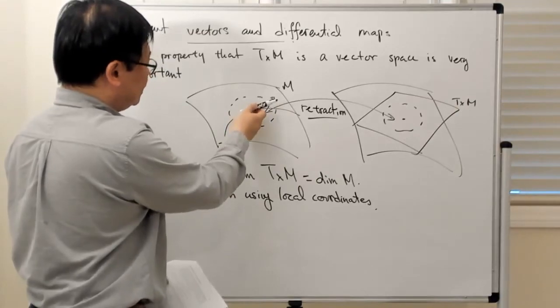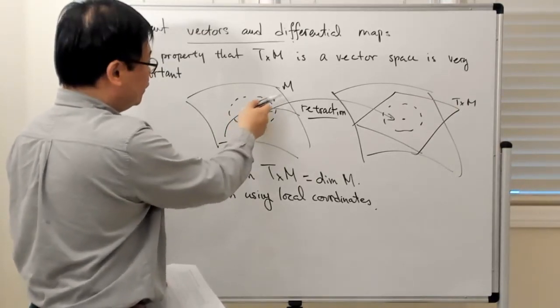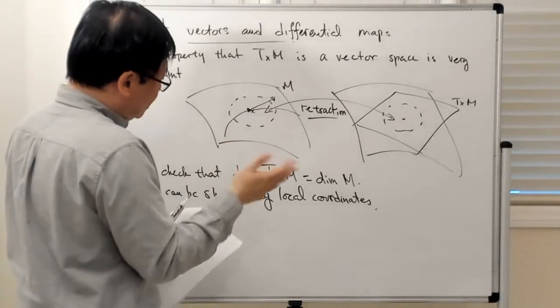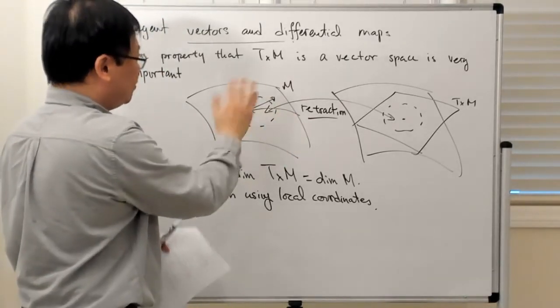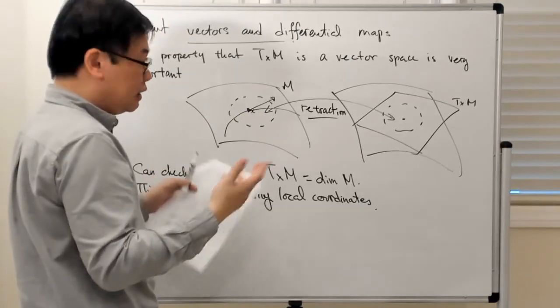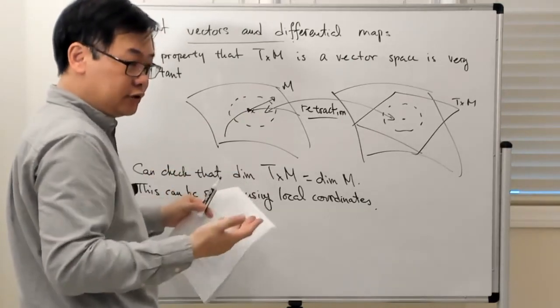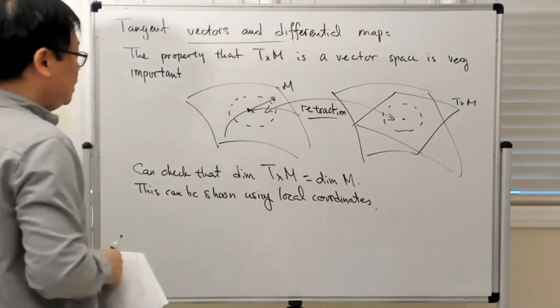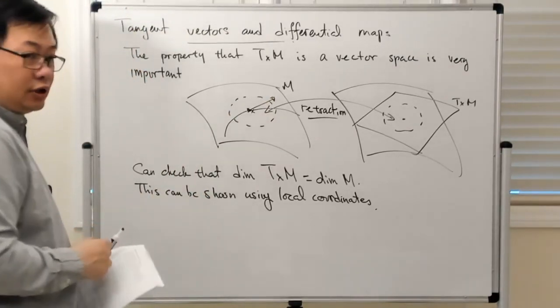There's a sense in which the derivative of that curve agrees with that tangent vector. Any other curve which goes through the point and has the same derivative is then part of this equivalence class of curves, which I identify with that abstract tangent vector. Okay, so let me just stop here for now. Thank you.